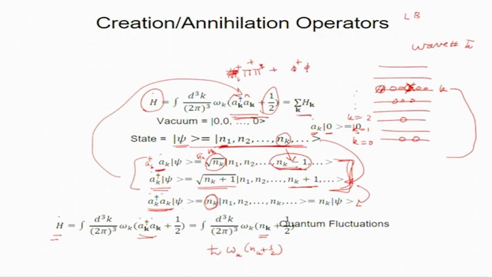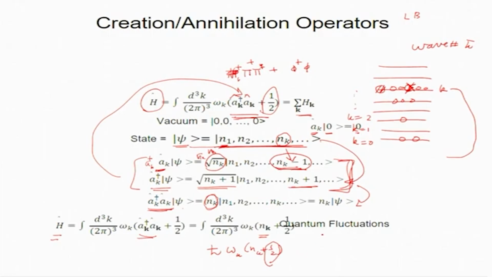Of course, there are interactions, so the amplitude can go down and go up, but not in terms of destruction. And so, here it is discrete, the number of particles can go by 1 up or 1 down, which is purely quantum. Okay. And this half is a very important factor.